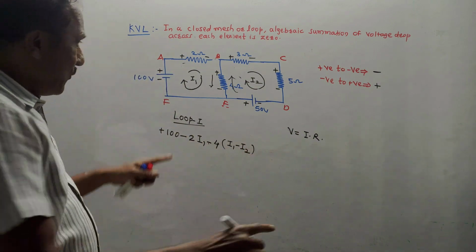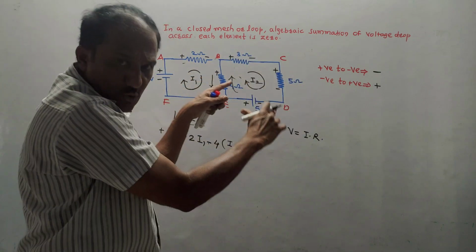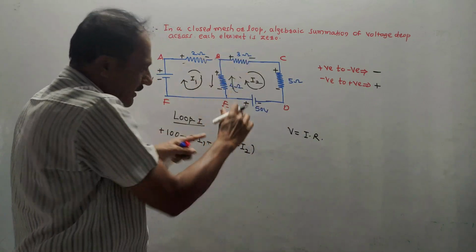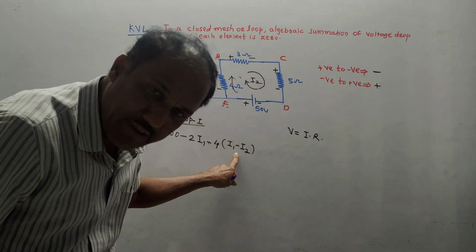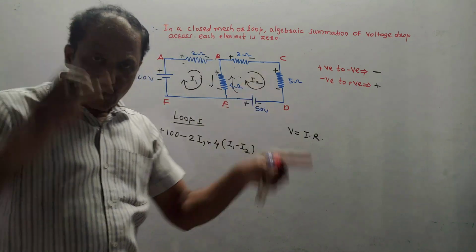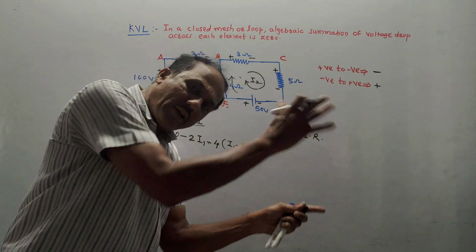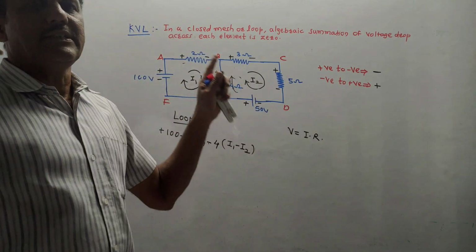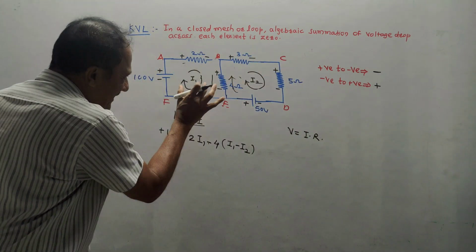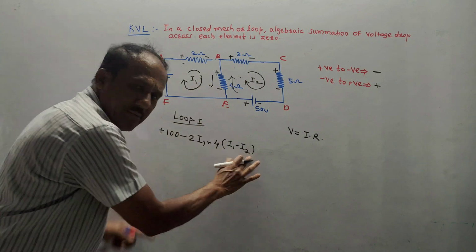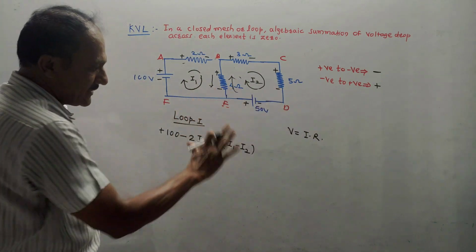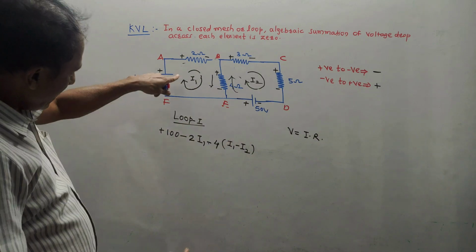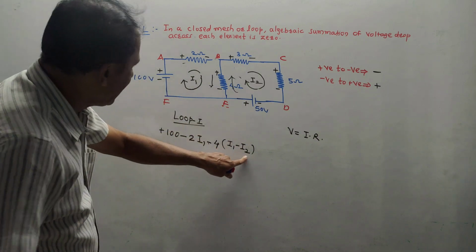If you are following these directions, always and always for a common resistance there will be a minus sign in between. The question arises whether to consider I1 minus I2 or I2 minus I1. Make it simple. If you are using loop 1, write it as I1 minus I2. When you write equations for loop 2, it will be I2 minus I1. Presently, I am talking about loop 1, so it is I1 minus I2.